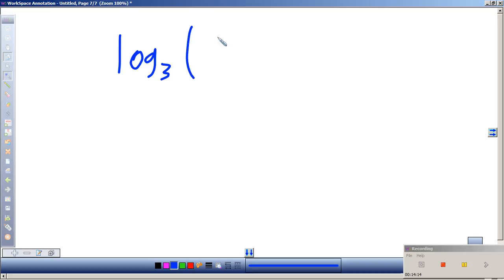So let's see, a over b squared z to the 3rd. Expand it.